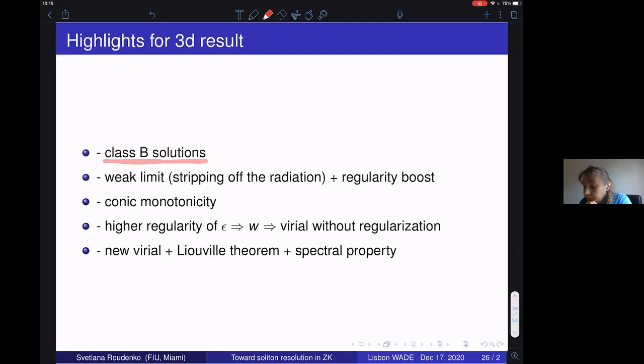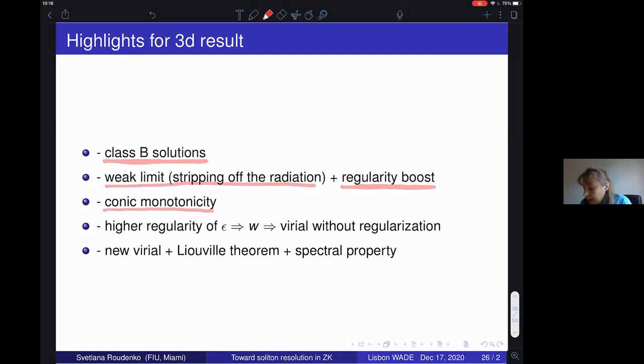Then the approach which I guess Martel and Merle introduced back in gKdV is to consider a weak limit, to sort of take all this radiation, and this weak limit will help to get this solution, which will turn out to be exactly the soliton, and that's why the asymptotic stability will follow. However, we introduced the regularity boost because remember we don't have H1, so we found a way to use the virial and upgrade that. We look at the conic monotonicity.